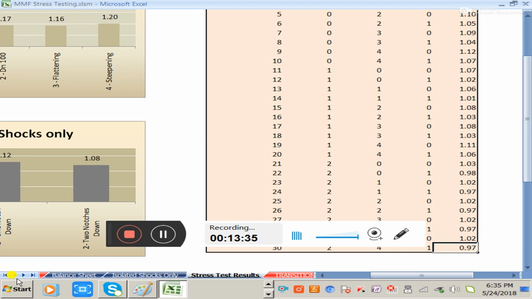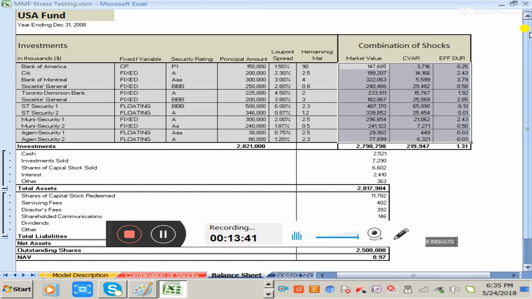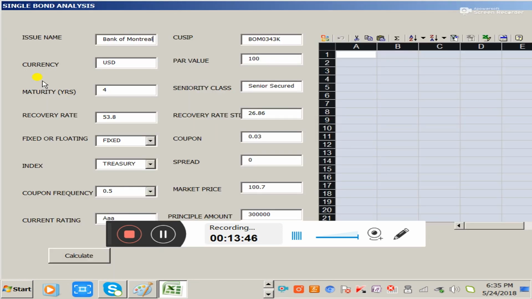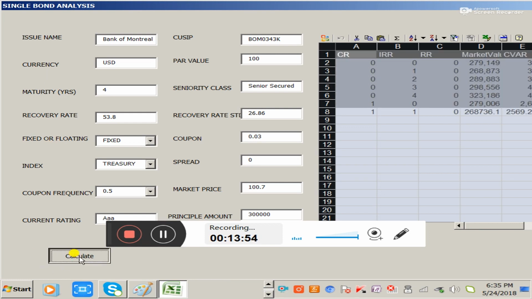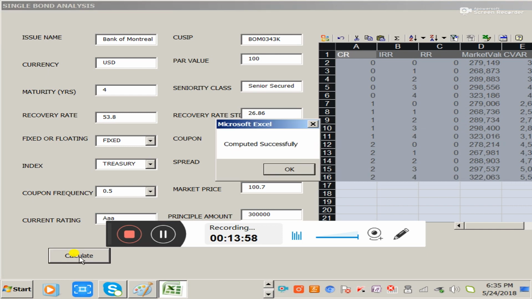Finally, you come to the balance sheet, and you're going to analyze each security and play around with the values. So if I say money market, Bank of Montreal, all the values of all the terms of the security are coming up here, and if you say calculate, it's going to calculate for all 15 scenarios, keeping the redemption stress at 5%, and calculates the market value, credit value at risk, and duration.